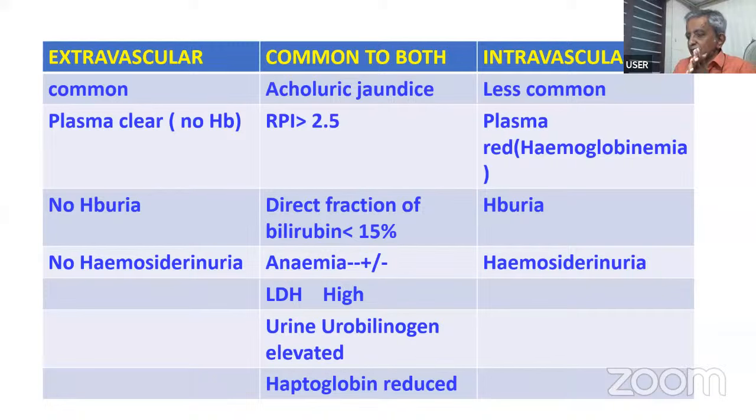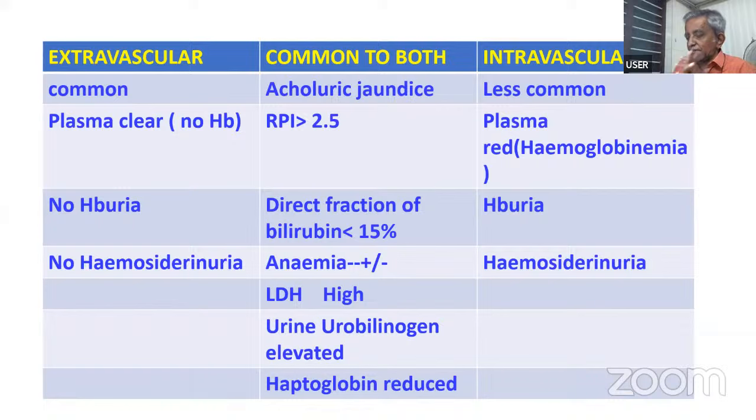And haptoglobin is an alpha 2 globulin which mops up free hemoglobin that escapes into the plasma. Free hemoglobin is injurious to the kidney. It will produce renal failure.